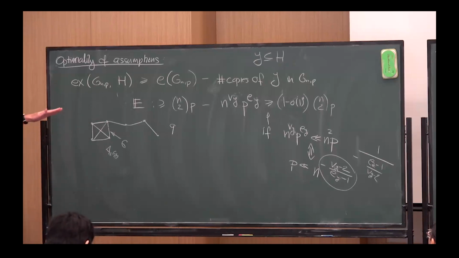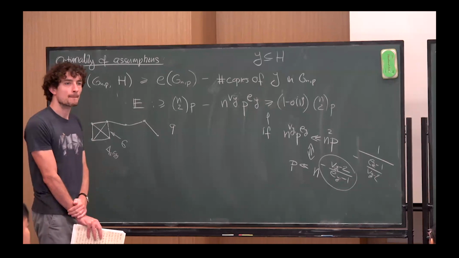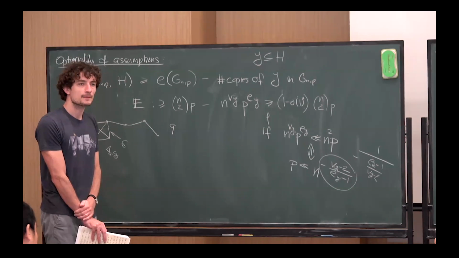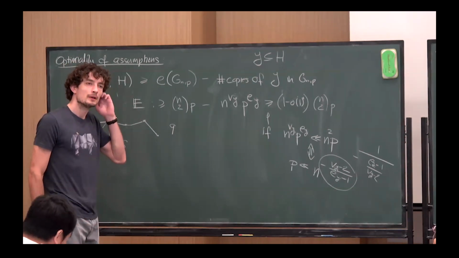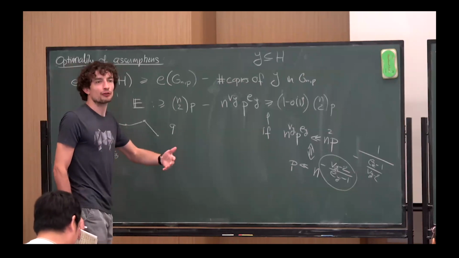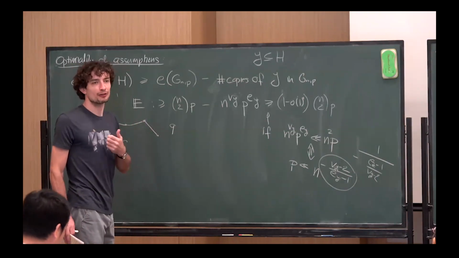Do you have any questions about this example? Why do we need to remove one edge from every copy of J? I mean, maybe we remove one edge and we will destroy more than one copy of J. Yes, you are right. Of course, it could be that there are more efficient ways to do it.